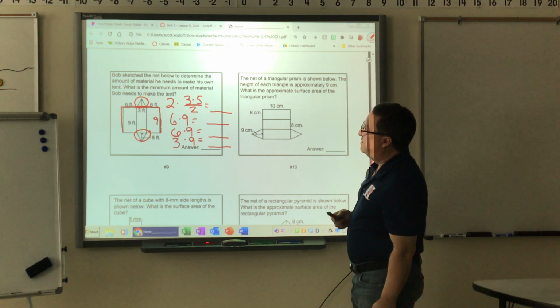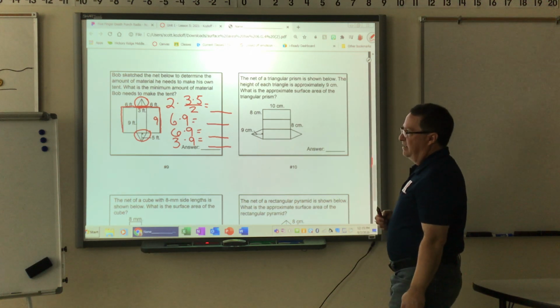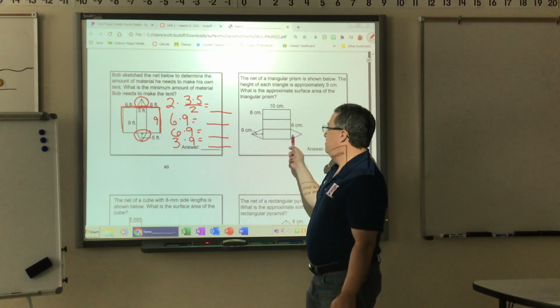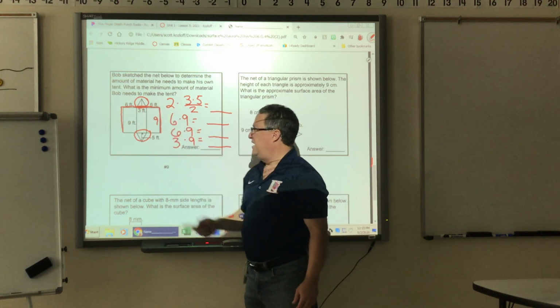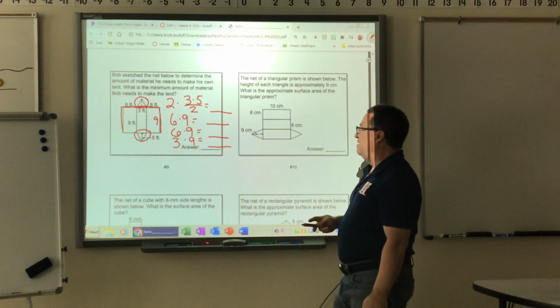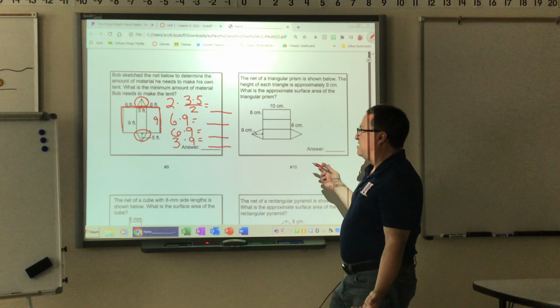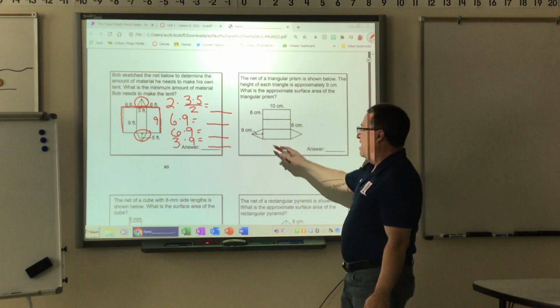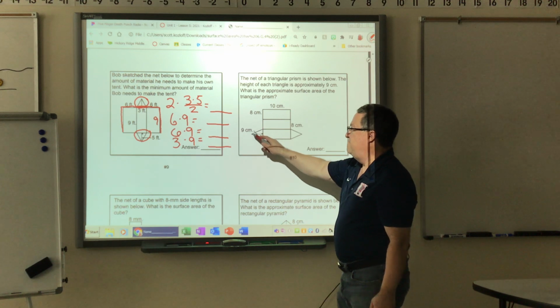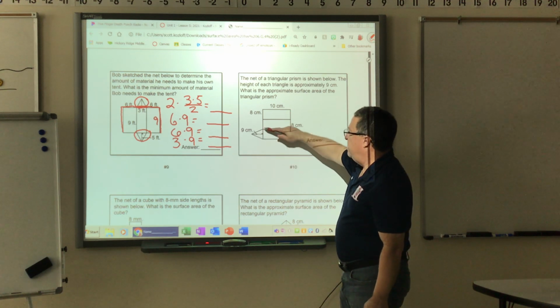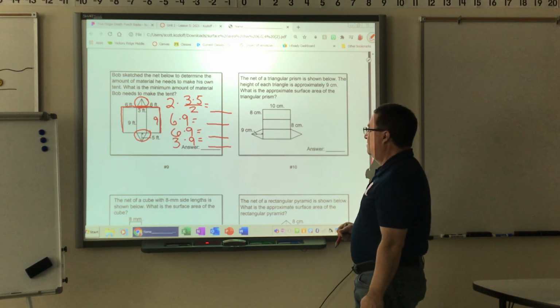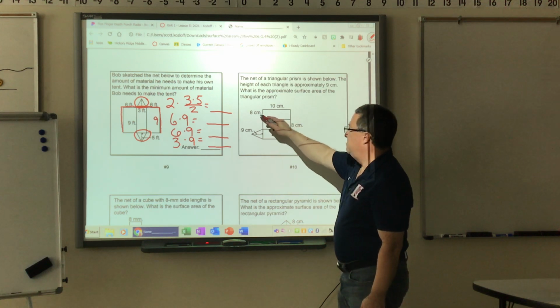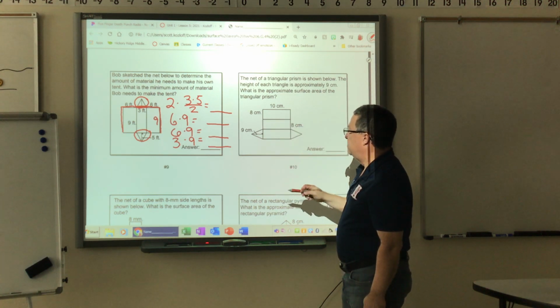This is also a triangular prism. The only difference is instead of the 2 triangles being up and down, they're side by side. Okay? But this is actually still the same. So we're going to do it the same way. I have a height of 9, I have a base of 8, because these are all 8 centimeters.